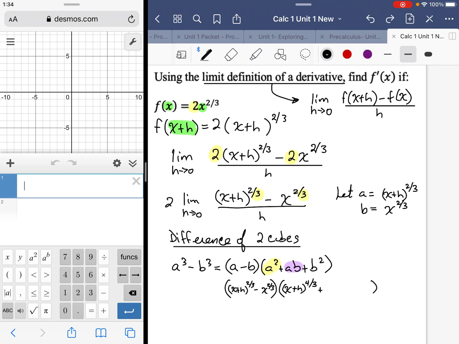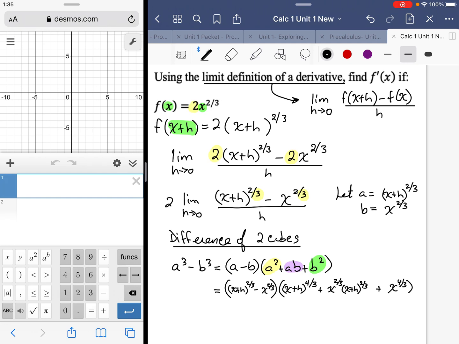So I'll write it as x to the 2/3 first, and then x plus h to the 2/3. I'm going to move this closed paren over. And then finally, we have b squared, which is whatever this is. We're establishing that b is x to the 2/3, so we'll square that, which means, again, multiply the exponent by 2. So plus x to the 4/3.